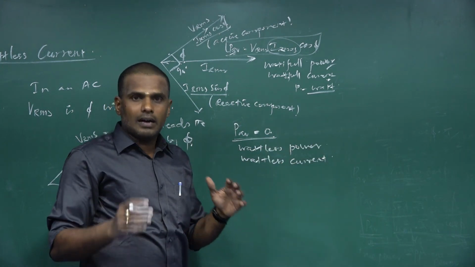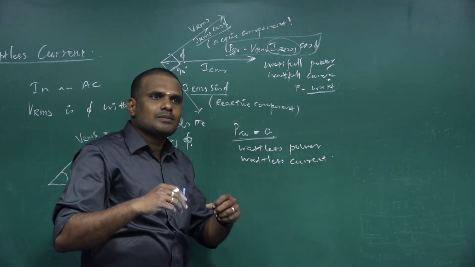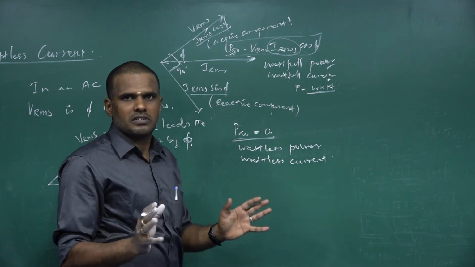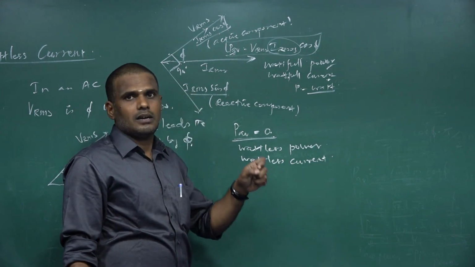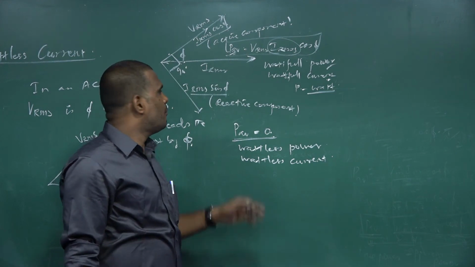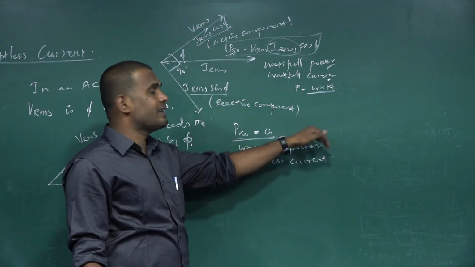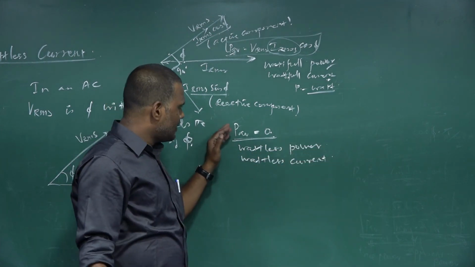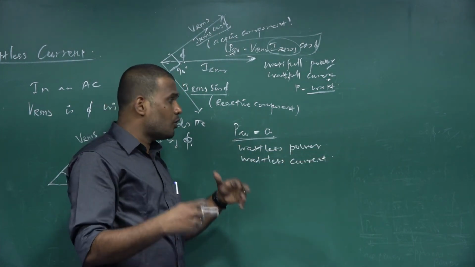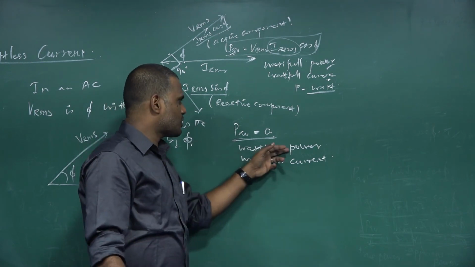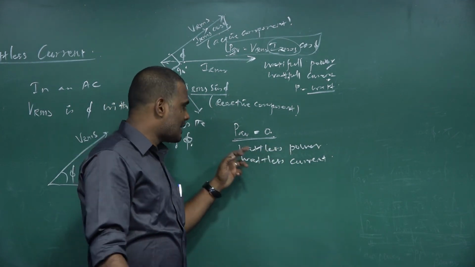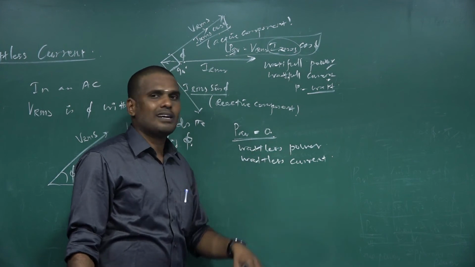The remaining energy is wasted in this particular circuit, and that wasted energy is spent by the component I_RMS sin phi, termed the reactive component, and it does no useful work, so no useful energy is obtained. So we call this wattless power, and the current responsible for that is called wattless current.